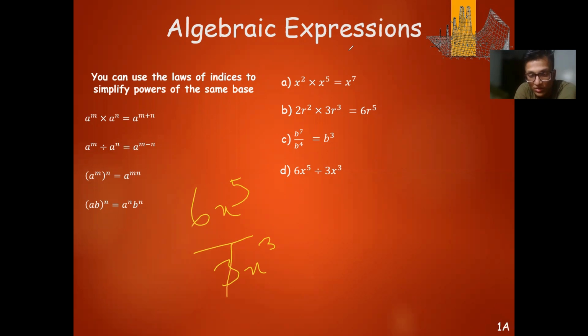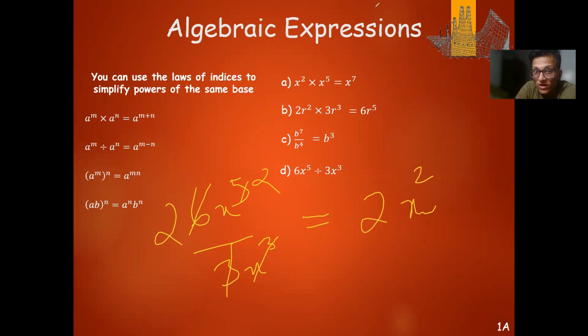So dividing that, cutting 6 off, you'll be left with 2. And now, since we know the laws of indices, x power 5 divided by x cubed will equal x squared, because 5 minus 3 is going to equal 2. So we're left with 2x squared.